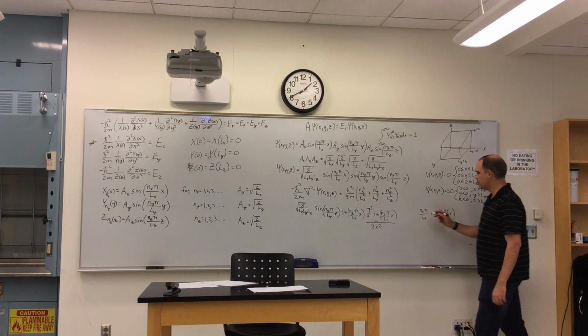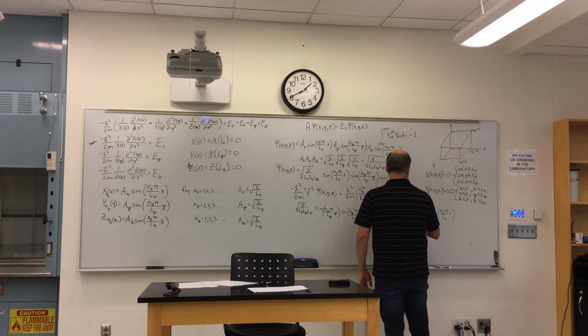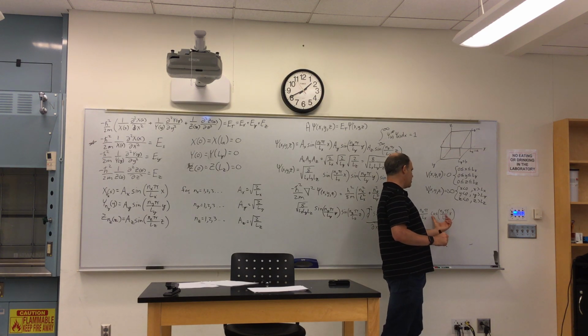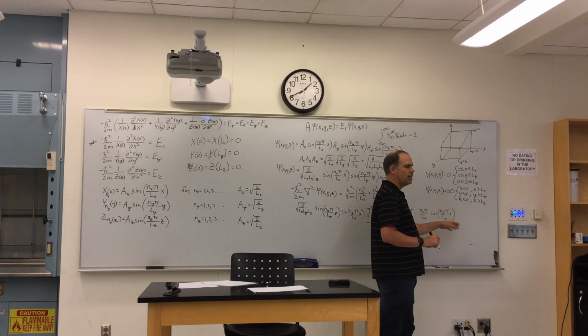So the second derivative, taking the derivative of sine of ax, then the derivative of cosine of ax, is minus a sine ax.